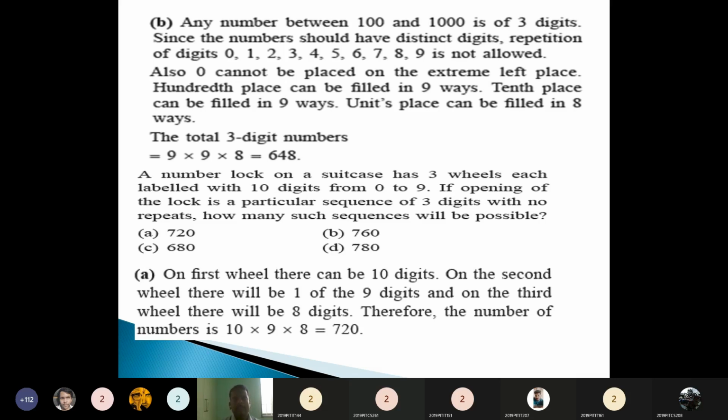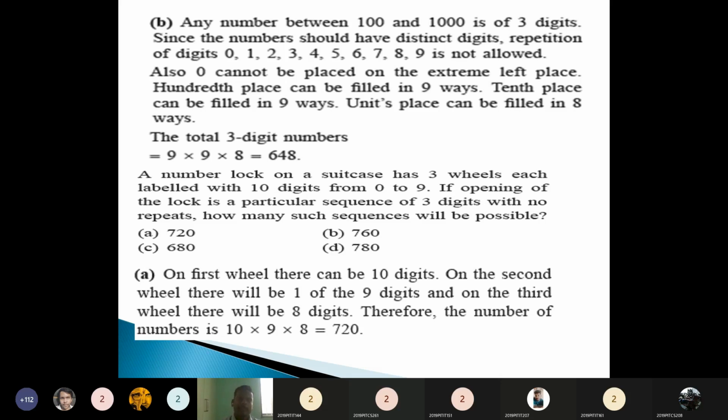In the 648 numbers, all digits are distinct, in the hundreds, tens and unit positions. You can check it. Otherwise, you can check one by one from 100 to 1000, write the number, put a tick mark, and see how many such numbers exist.